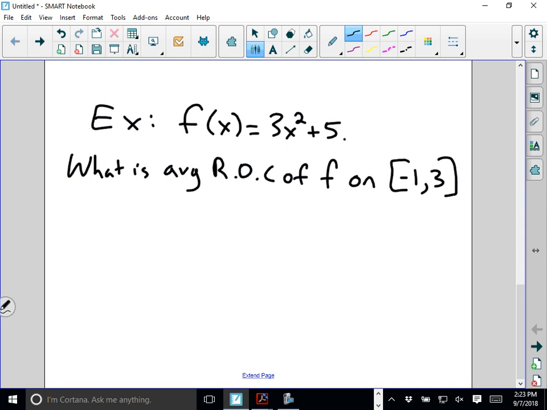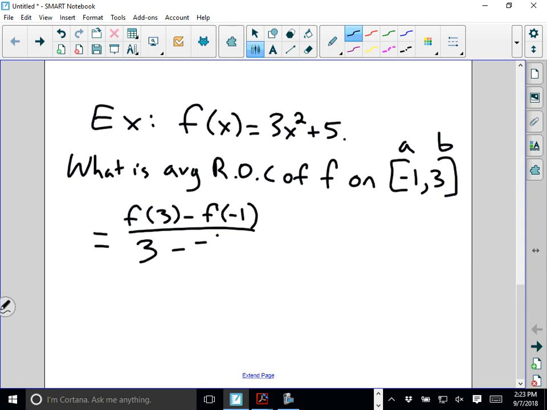So just following the formula here, our average rate of change of f on that has to then equal f of 3 minus f of -1 over 3 minus -1. Again, we see a difference quotient here. If you wrote f of 3 minus f of -1 over 3 plus 1, that's fine. You still have a difference on top.